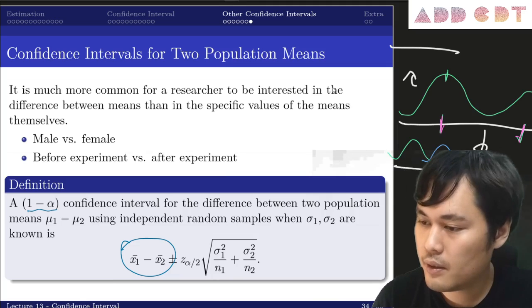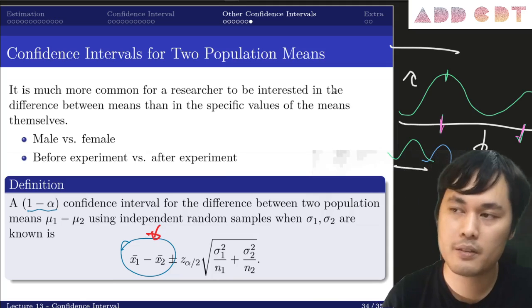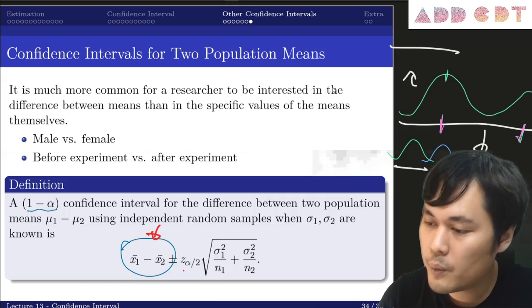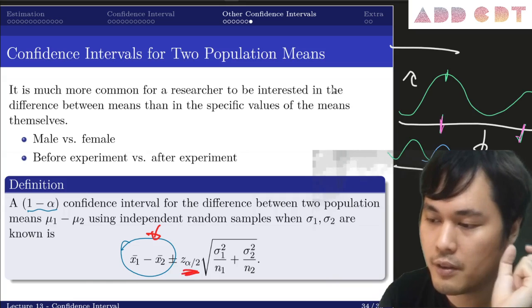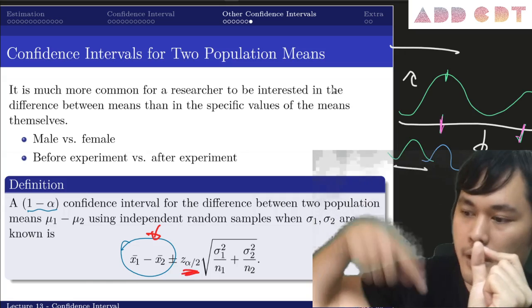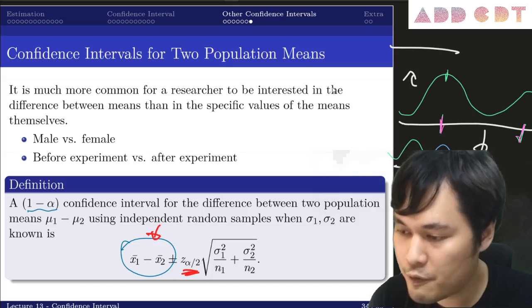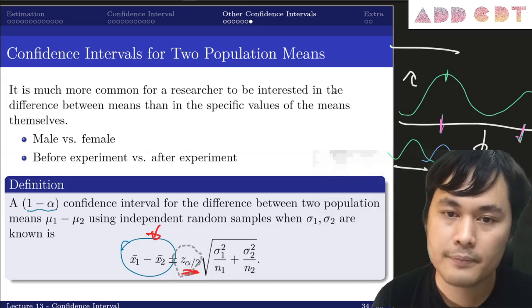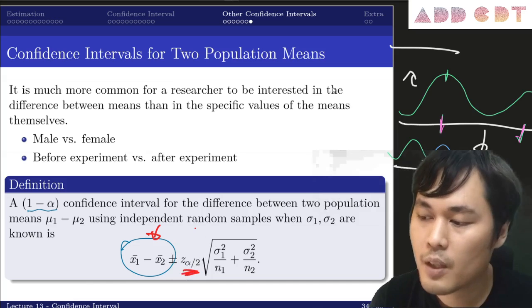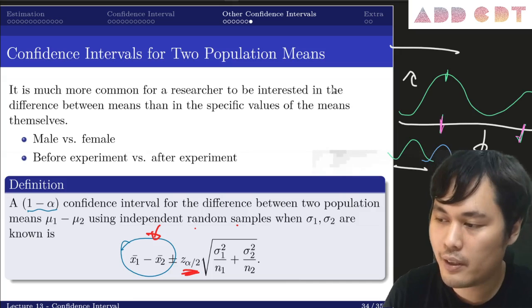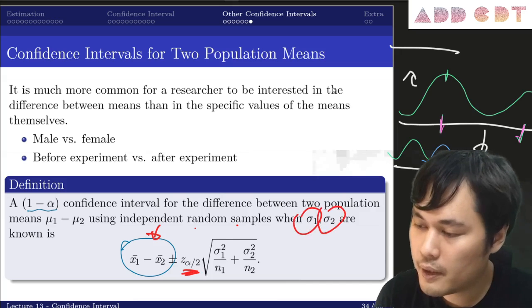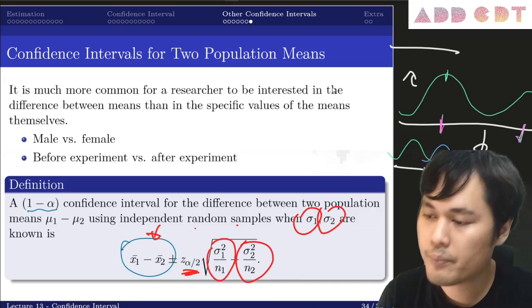What we have from the samples is the reference point, and we compute the interval as that plus or minus the error. That error still looks familiar: we have the z, the sigma, and the n. But now since we have two sets of data, 1 and 2, we have to compute these two separately.